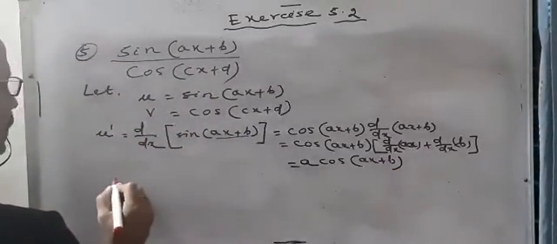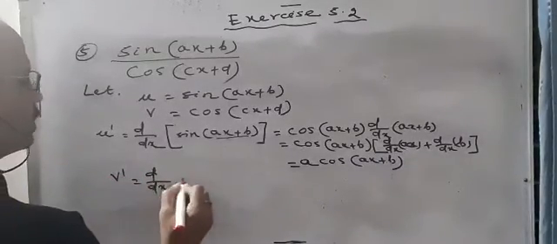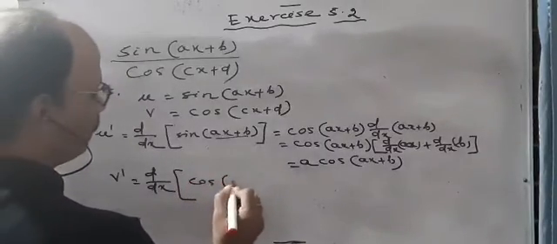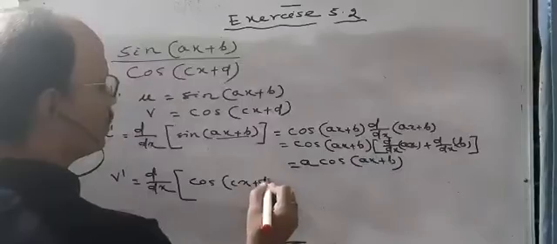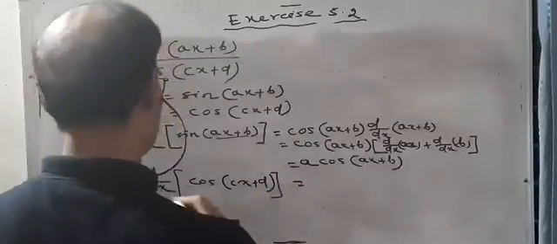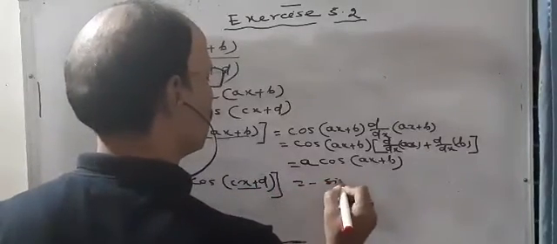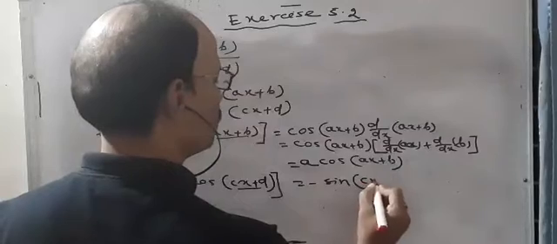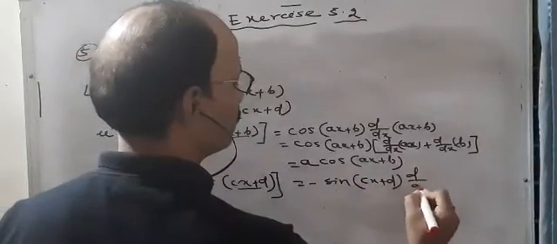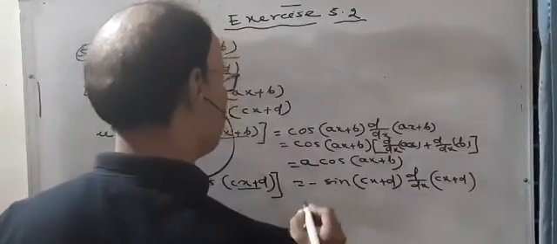So now v dash will be d dx of cos cx plus d. The d dx of cos theta will be minus sin cx plus d, then d dx of cx plus d.